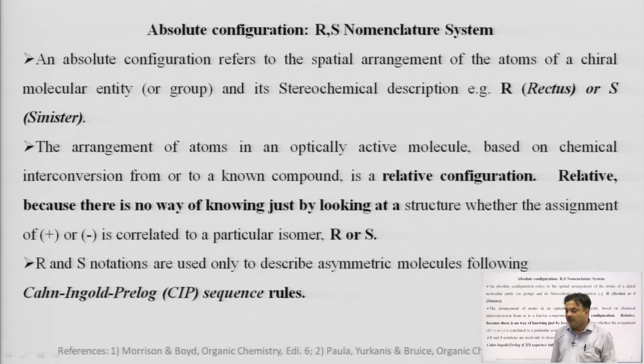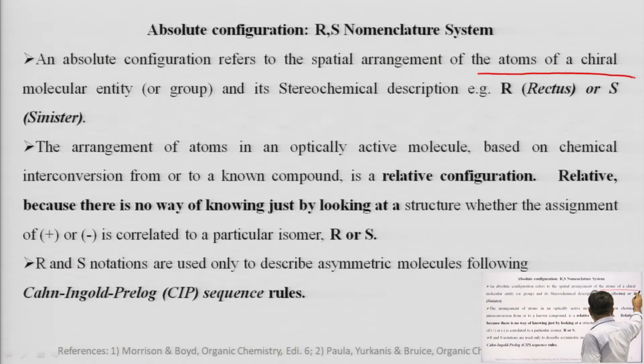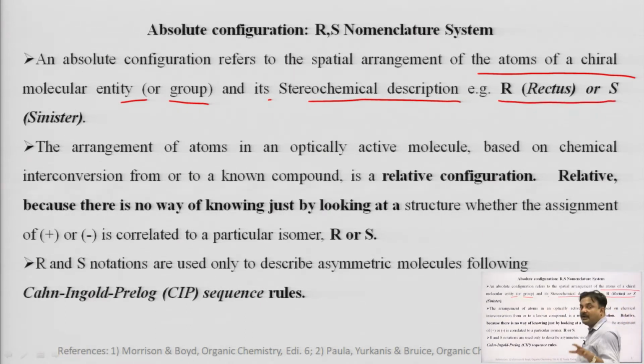Now, an absolute configuration refers to the spatial arrangement of atoms of a chiral molecular entity or group and its stereochemical description. For example, R is rectus or S is sinister; you already know about that.